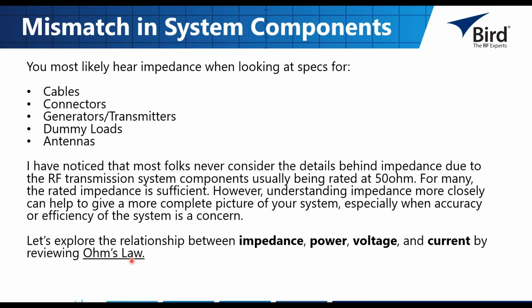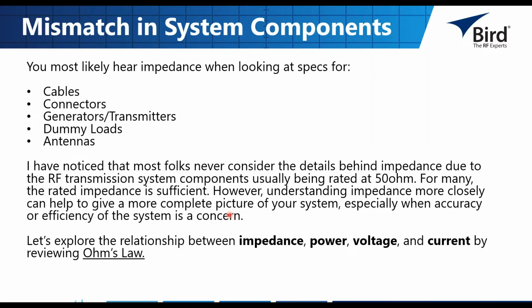Now that we've started to talk about impedance, when are we usually hearing impedance? We're usually hearing it when looking at the specs for cables, connectors, generators, outputs of transmitters, maybe a dummy load we're trying to terminate our generator into, or antennas.